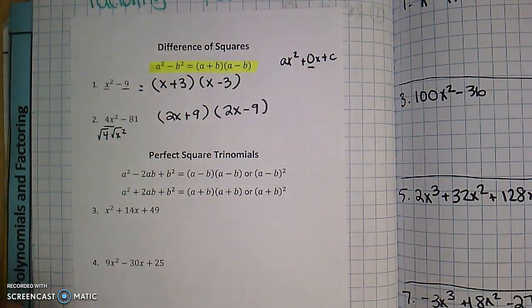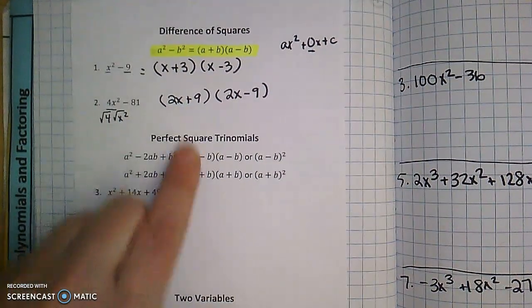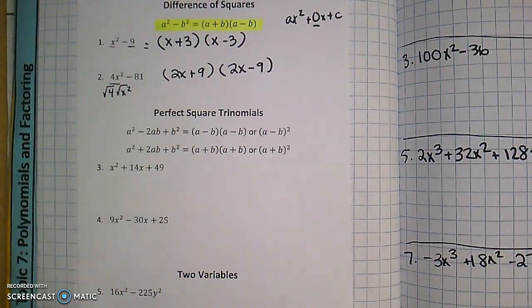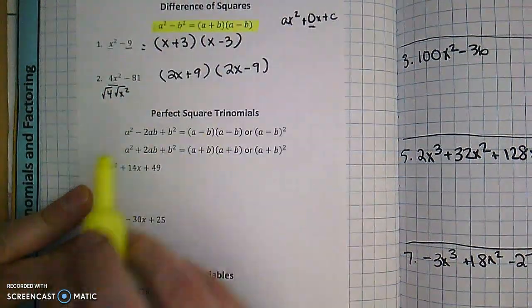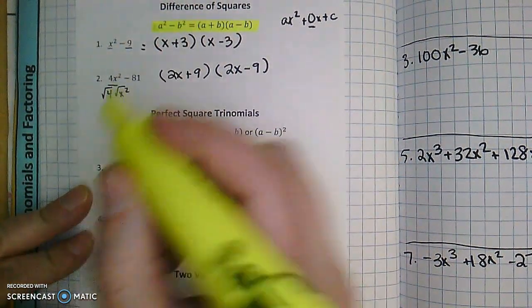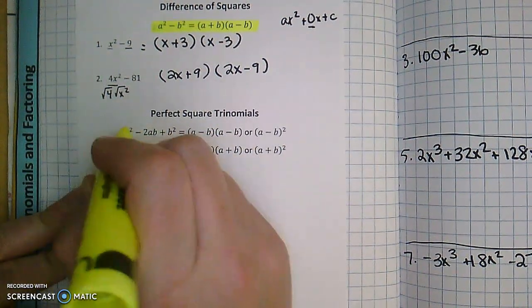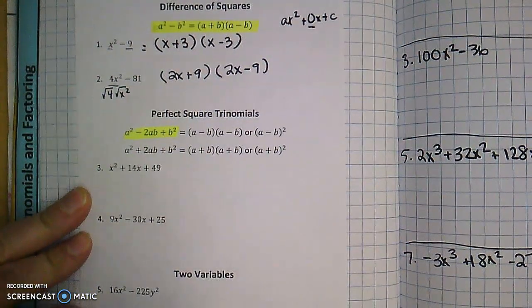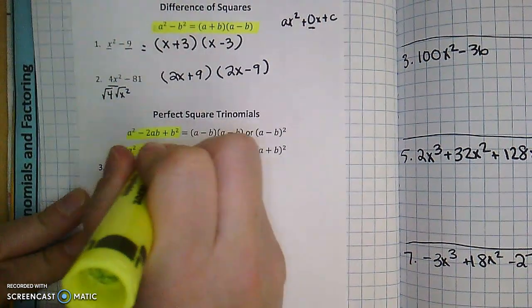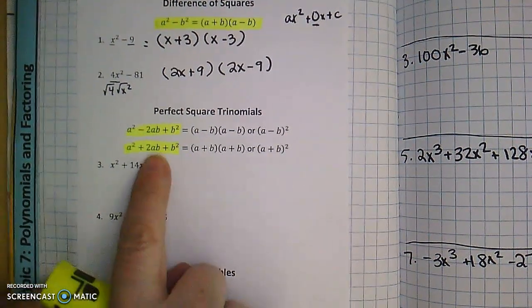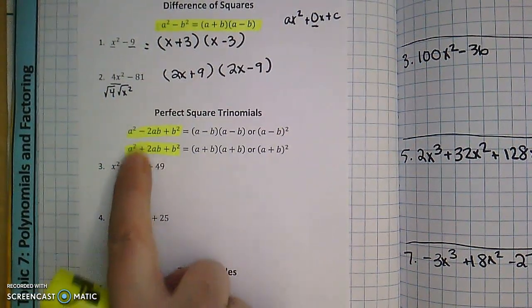The second special case that we're going to be looking at are these perfect square trinomials, and you'll see that there's two different rules. The only difference is that when I'm looking at the trinomial, a squared minus 2ab plus b squared and a squared plus 2ab plus b squared, one is subtracting, one is adding.